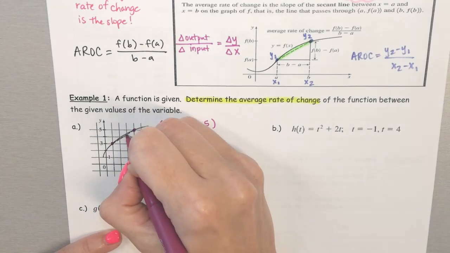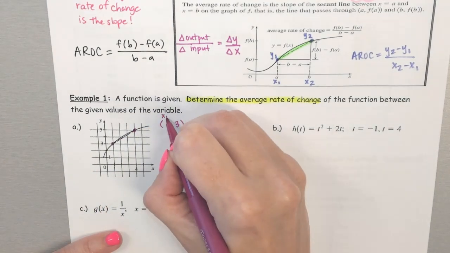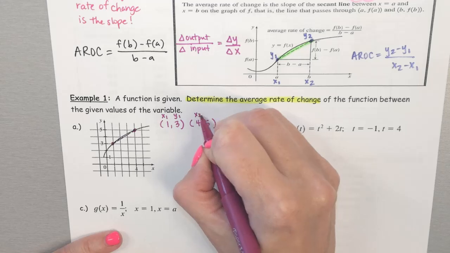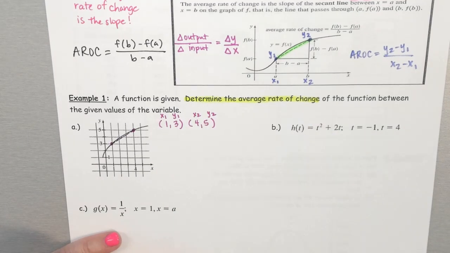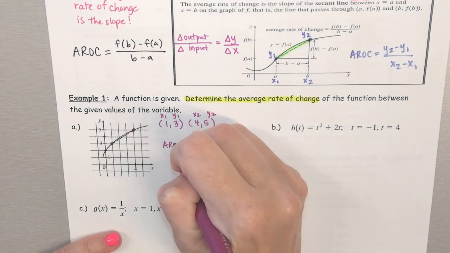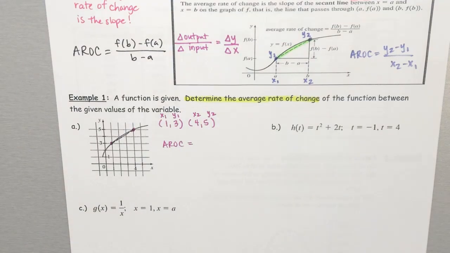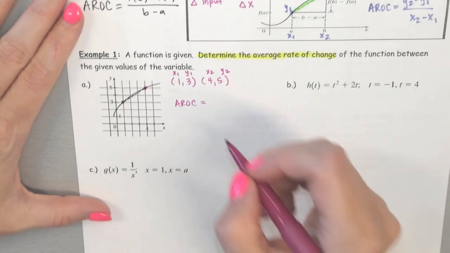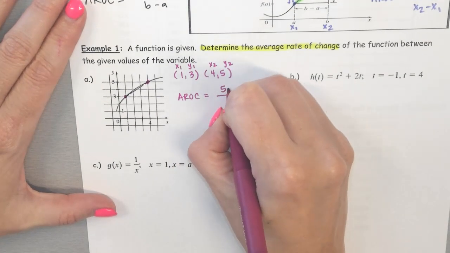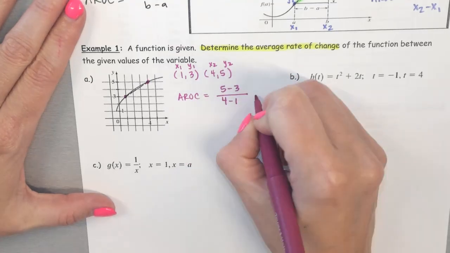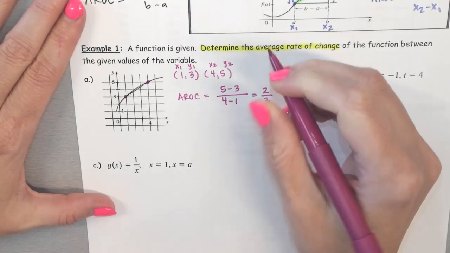And then you're finding the slope of that line. So you can think of this as your x1, y1, your x2, y2. Then we do 5 minus 3 over 4 minus 1, which would be 2/3.